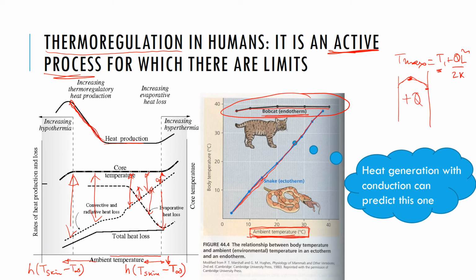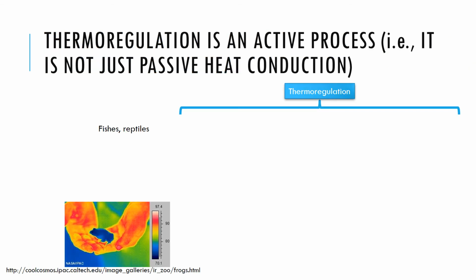So it can do only up to some point, and then it gets into hypothermia mode. On the other end, when it cannot have any more evaporative heat loss, then the core temperature starts to increase and it gets into the hyperthermia mode. So all that are active processes, as opposed to what we have been studying, that's more like passive heat conduction with heat generation.